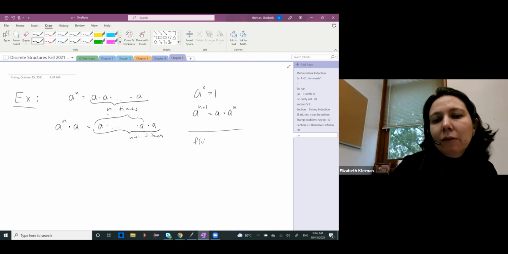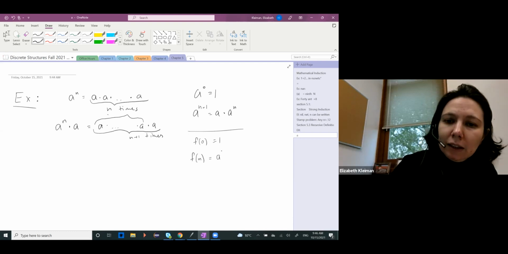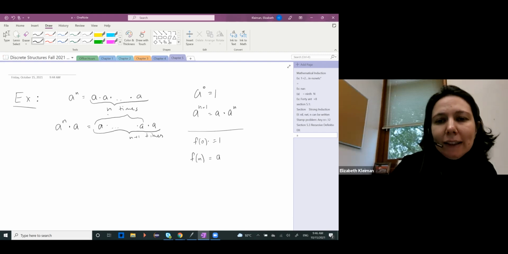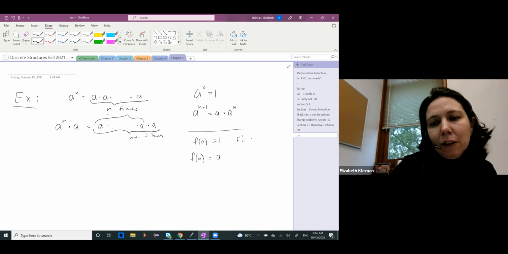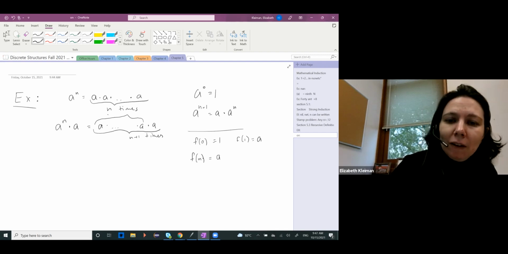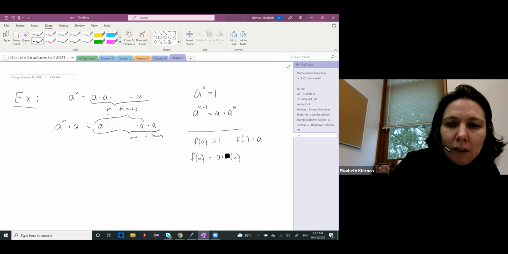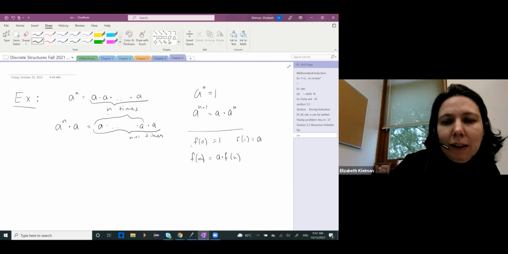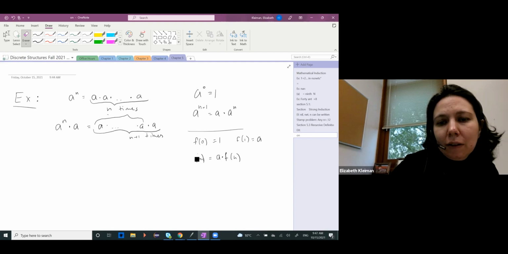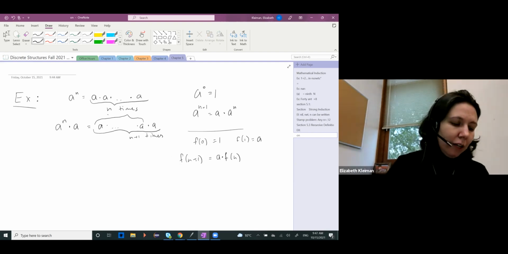I can say f of 0 is 1, and well, in this case, I'll have to do f of 1 equal to 1. And then f of n plus 1 is going to be a multiplied by f of n. And I should be consistent with my notation. Okay.